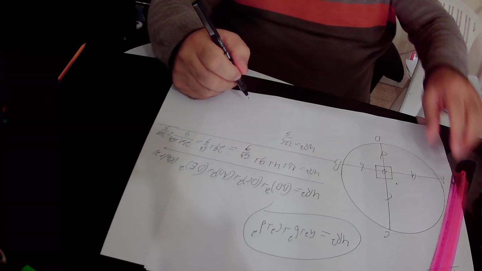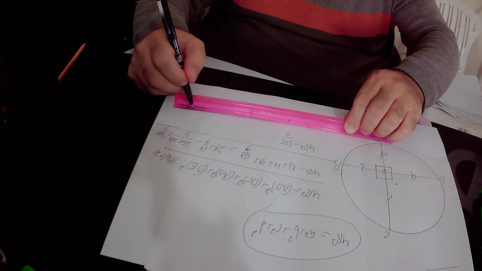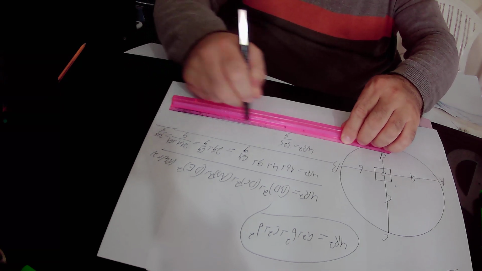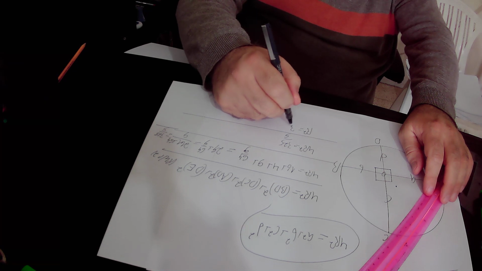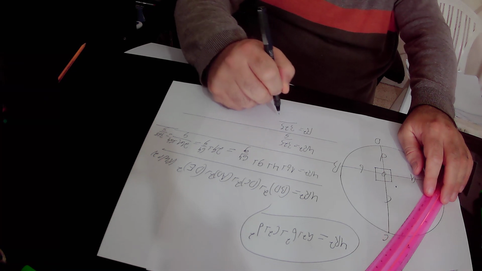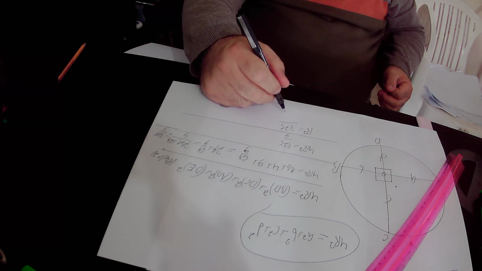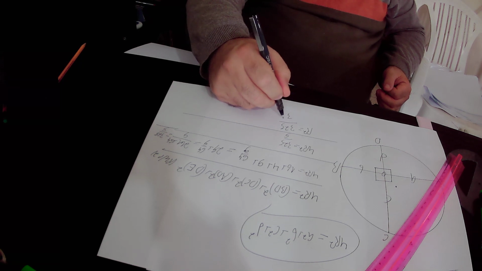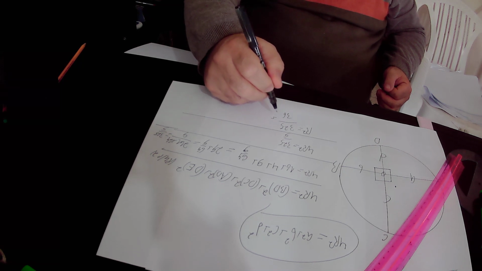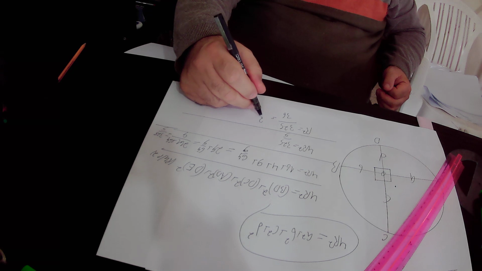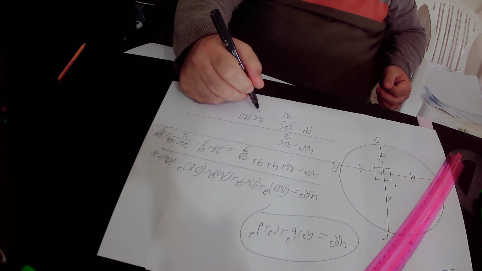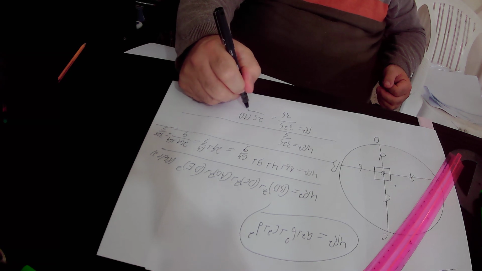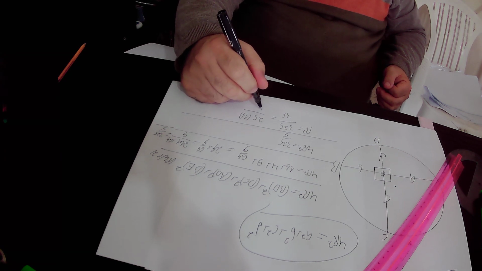Here we will divide this equation by 4 and we get that r squared equals 325 over 9 times 4, which is 36. We substitute 325 by 25 times 13, because 25 times 13 equals 325, over 36.